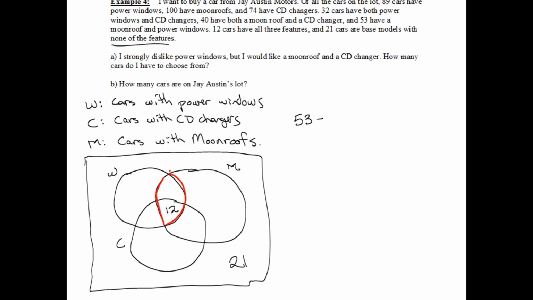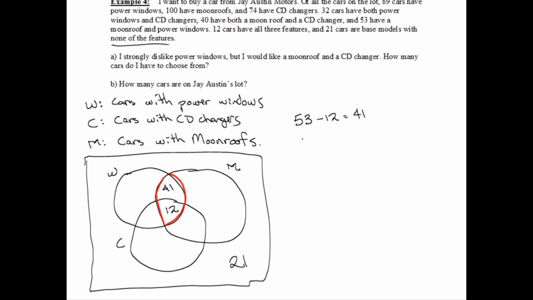And we know that there are 53 of those, but 12 of them are already in there, so we need to do a little subtraction. And that gives me 41, which is going to go here. Does that make sense? So now I have 53 total in that area that overlaps between the power windows and the moonroofs. Okay, let's move on to the next 2-feature phrase.